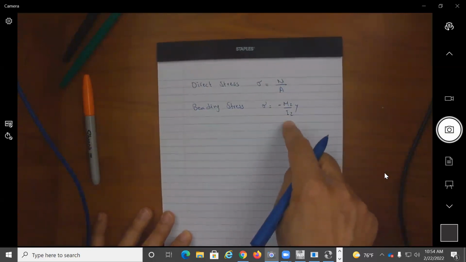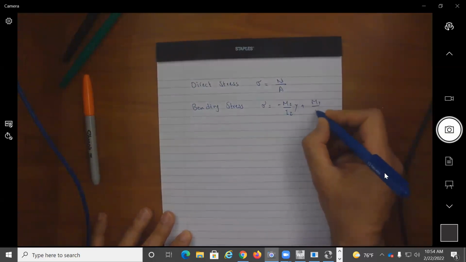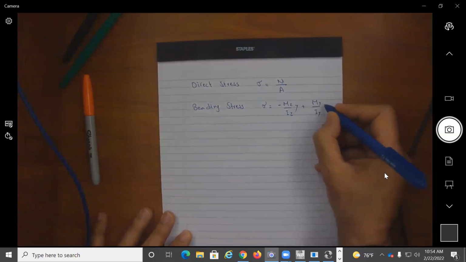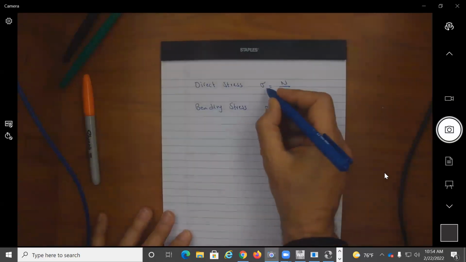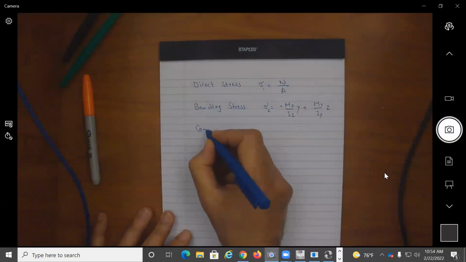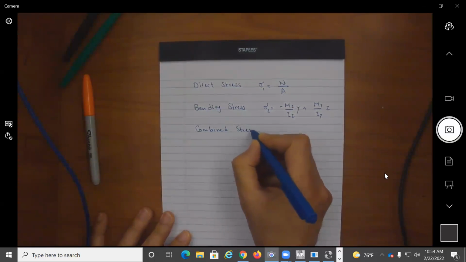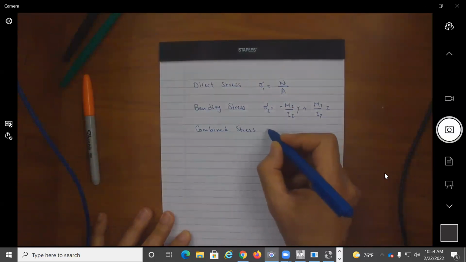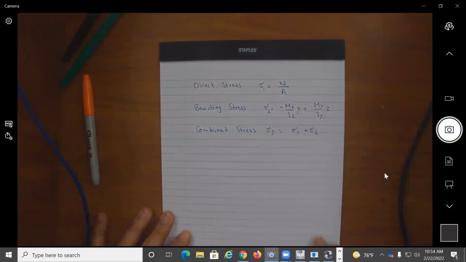It could also be from an My, so I could have My over Iy times z, by axial bending, like you did in solids. If I call this sigma 1 and sigma 2, the combined stress, sigma 3, is equal to sigma 1 plus sigma 2.